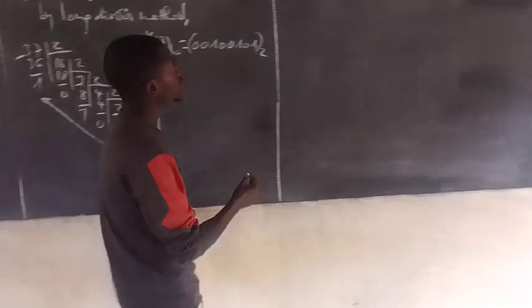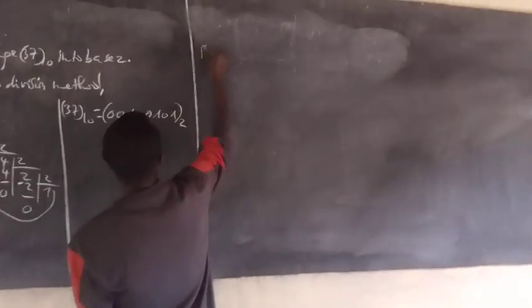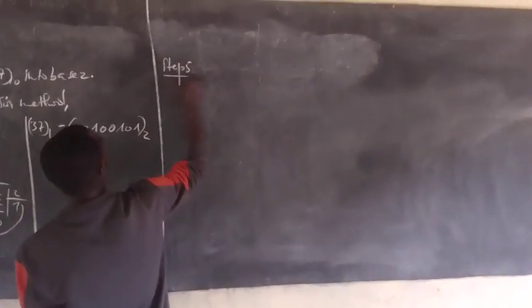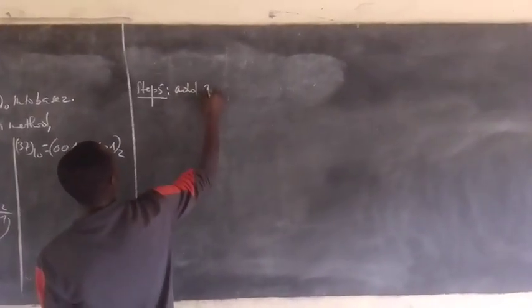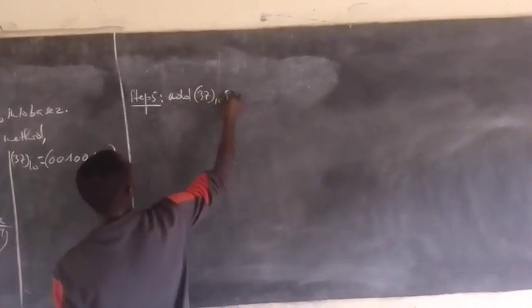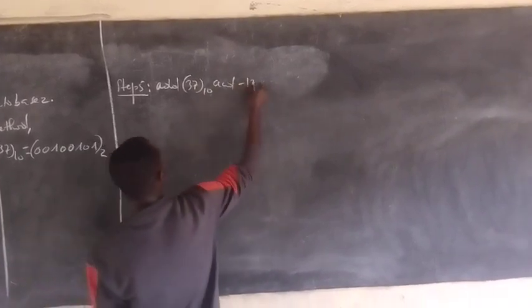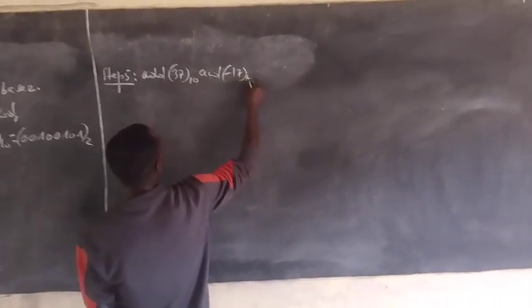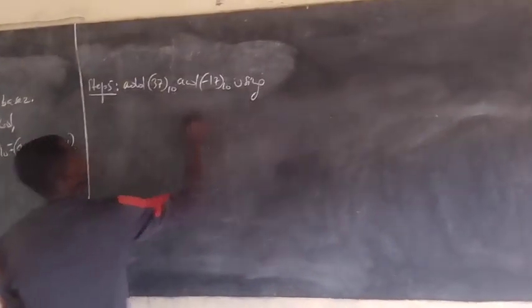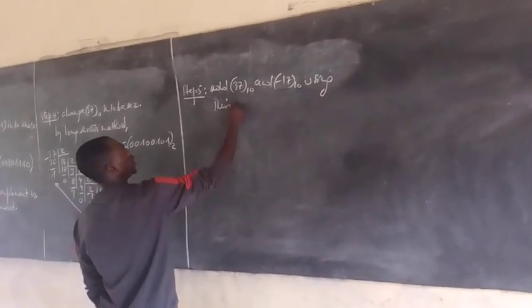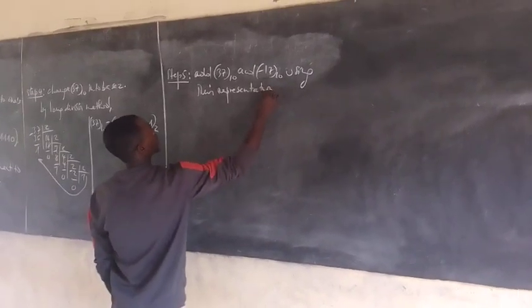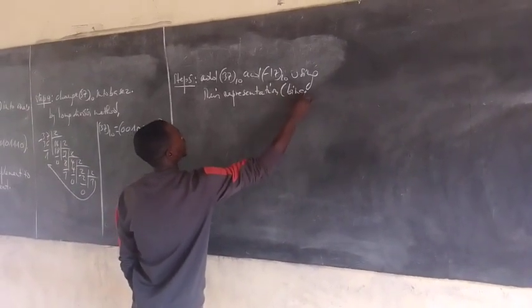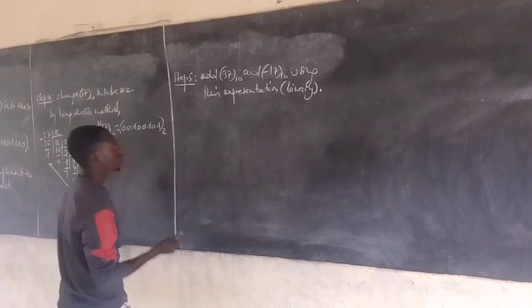So now, step 5: add 7 base 10 and negative 17 using their binary representation.